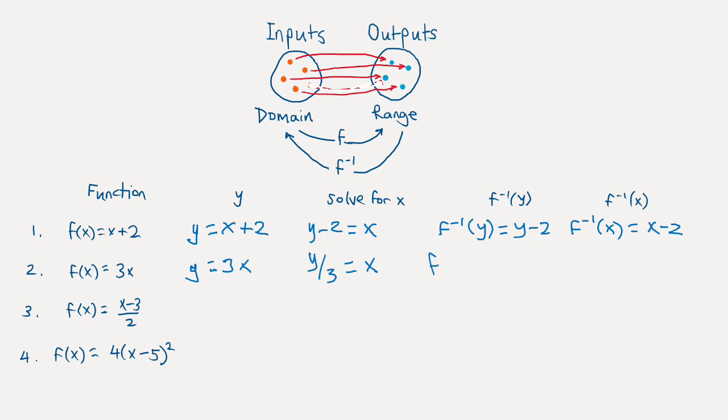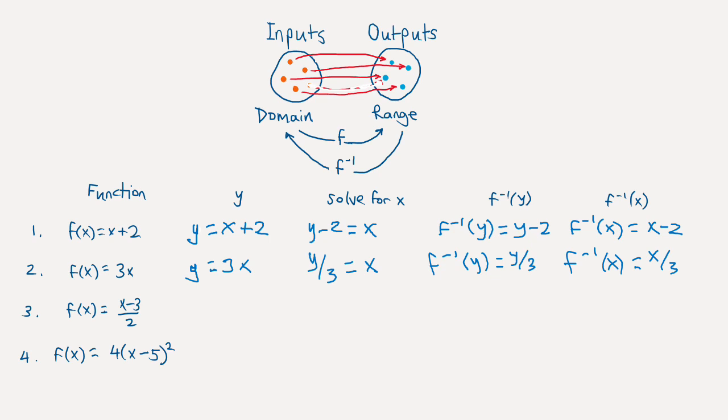So the inverse function in terms of y is y over 3, and if we change the argument to x instead of y, then we can write f inverse of x is x over 3. And again, that one's not surprising. The original function we multiply by 3, the inverse function we divide by 3.